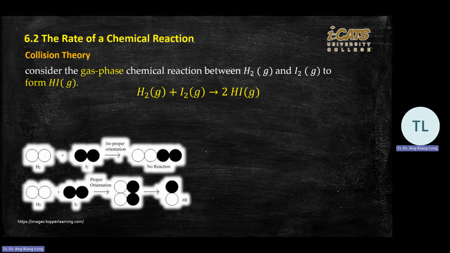So H2 plus I2. Remember after chapter 5, you need to write the state of the reactant. In this case, you have gas, so you bracket G. In chapter 5, acid and alkali usually is AQ, aqueous. And water, H2O, is liquid. So in chapter 6, normally you will see gas.